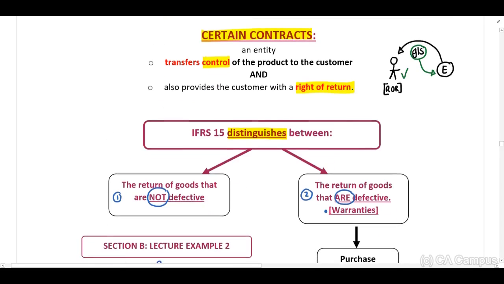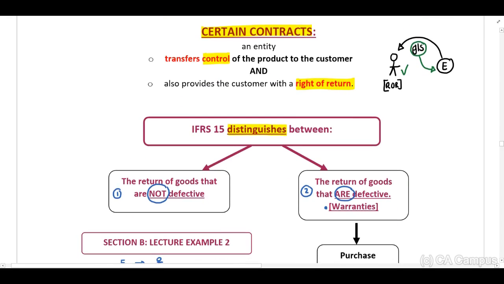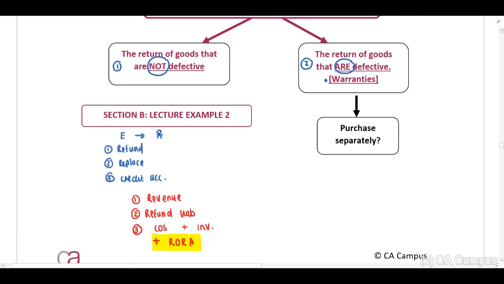Why? They indicate to us that the entity provides the customer with a right of return. Therefore, our customer has the right to return that asset back to the entity. And we therefore have to recognize our right of return asset account.